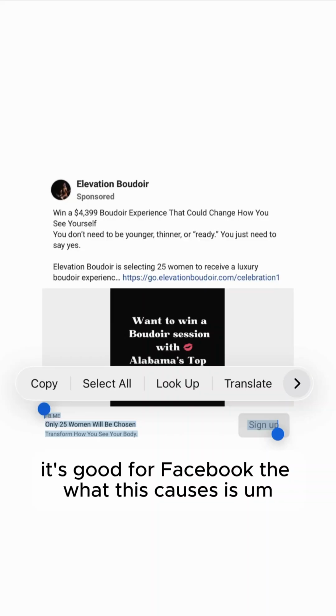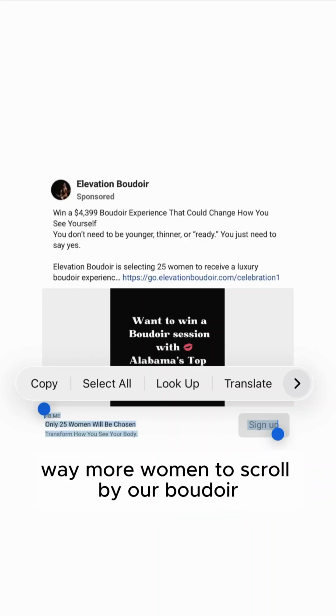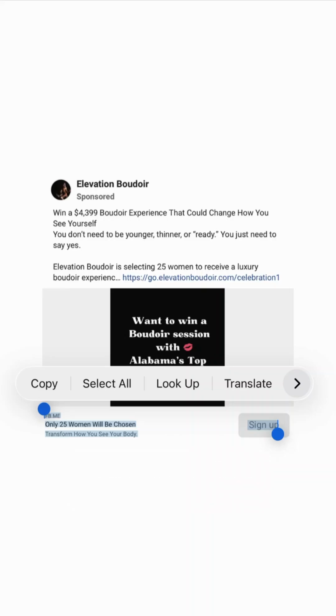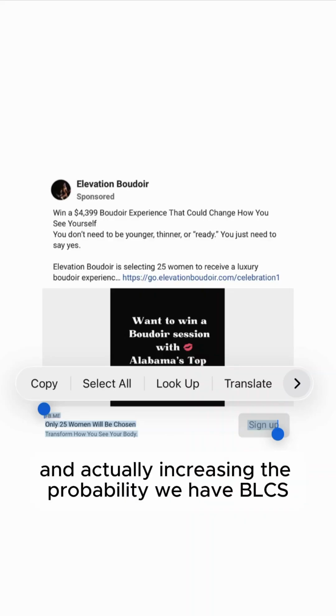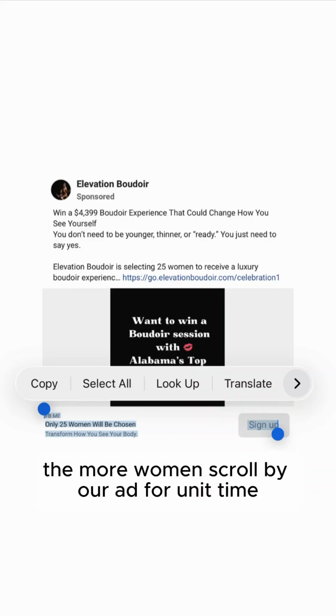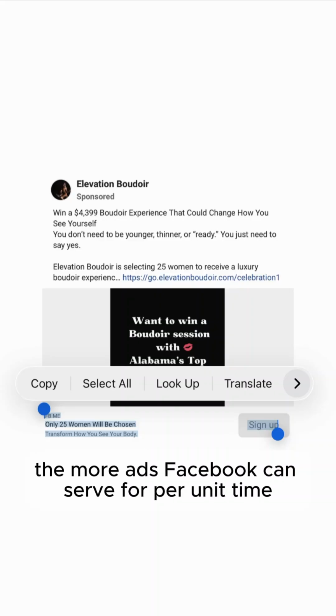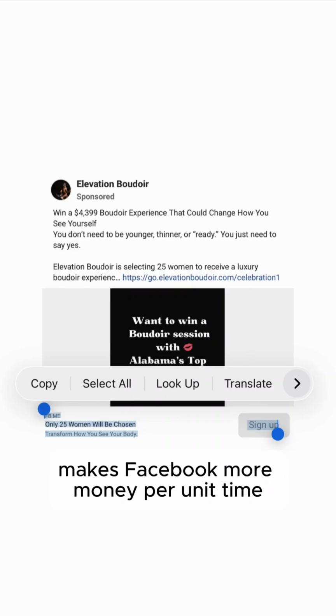What this causes is way more women to scroll by our Boudoir Facebook ads than necessary, pulling our unique CTRL under 6%, and actually increasing the probability we have BLCS. And that is because, the flip side, the more women scroll by our ad per unit time, the more ads Facebook can serve per unit time. That's why Facebook wants us to fill this out. It makes Facebook more money per unit time.